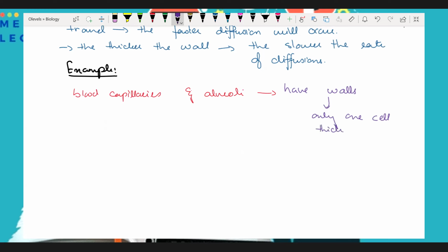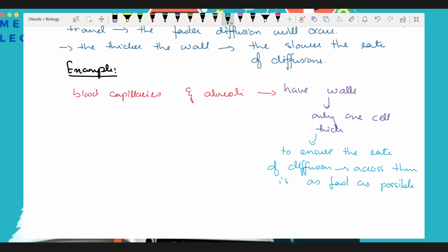Why are they one cell thick? To ensure the rate of diffusion across them is as fast as possible, because in this process carbon dioxide has to get into your alveoli and oxygen has to get into your bloodstream, right?